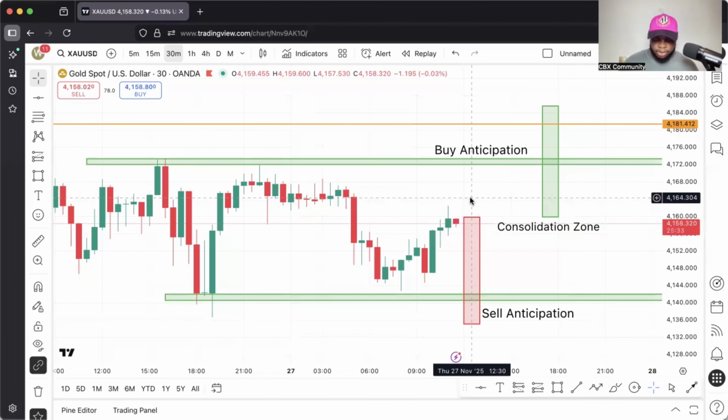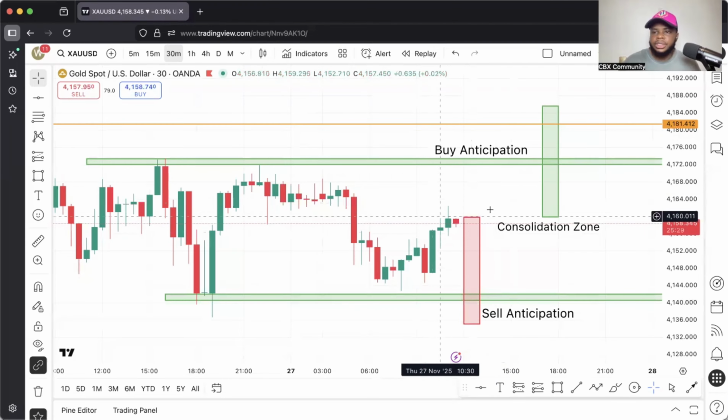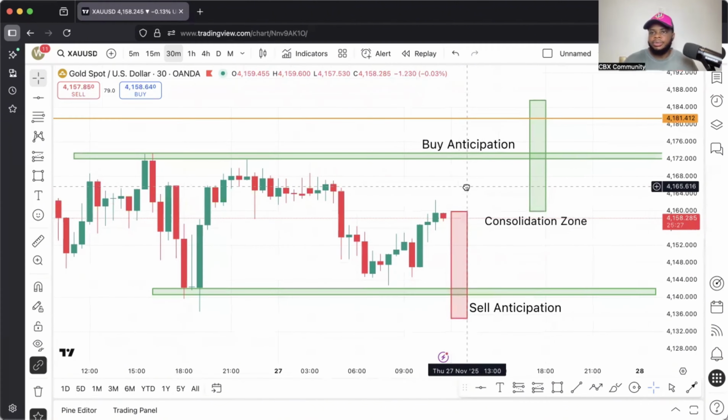Right now, we are in a consolidation zone. We are still in this consolidation zone, so we just need to be patient. We need to identify a structure before we can decide to take a position.